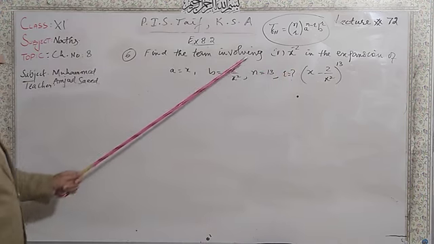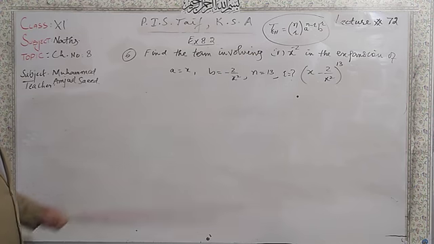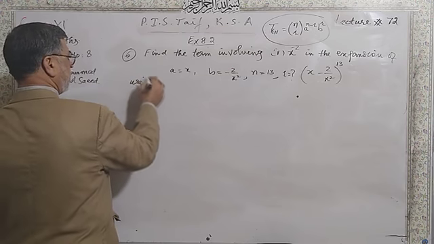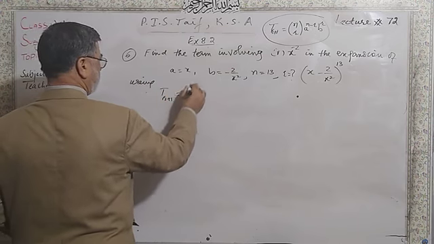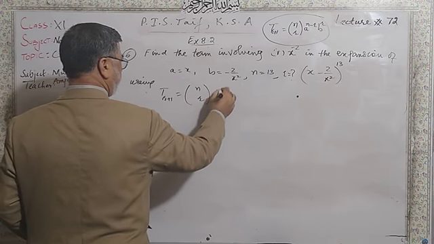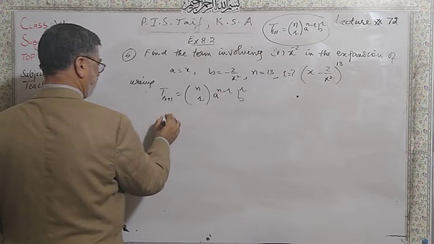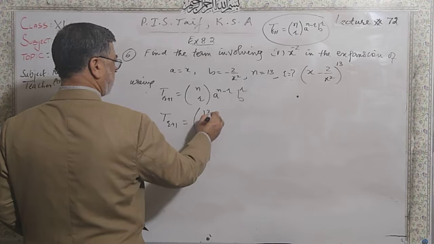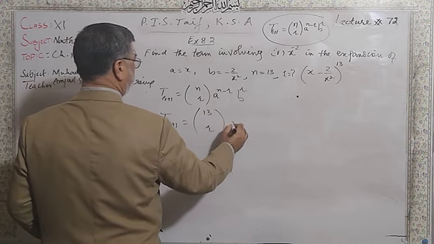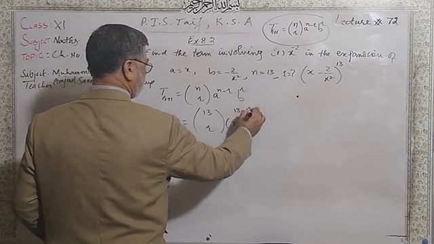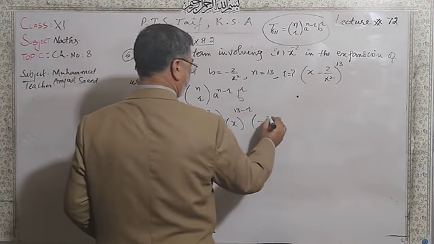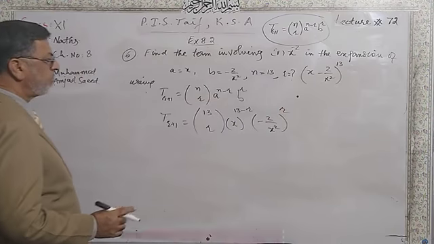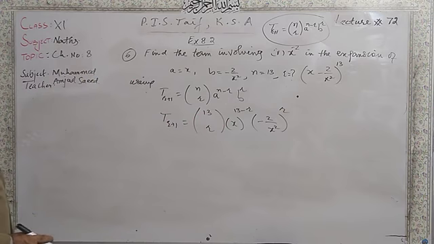Actually, you have to find the value of r. T(r+1) is equal to 13Cr, x power 13 minus r, minus 2 over x square power r. So simply we have to find the value of r.